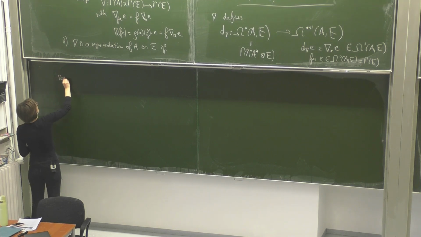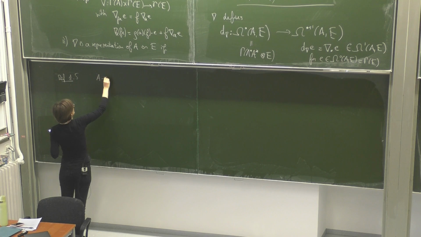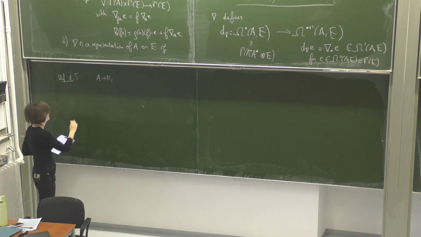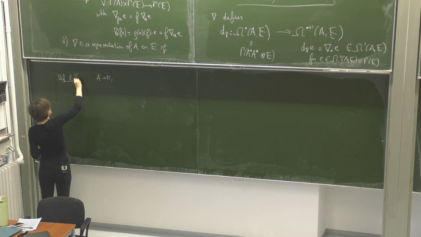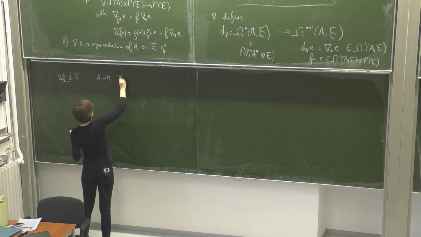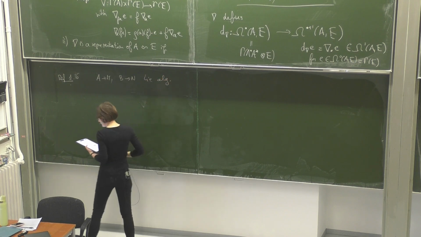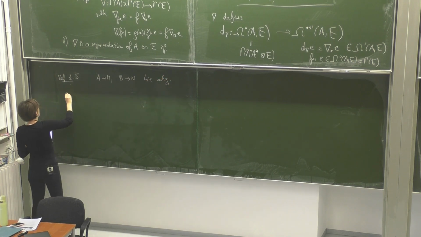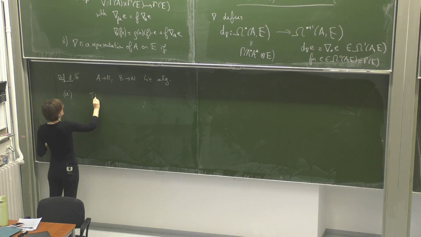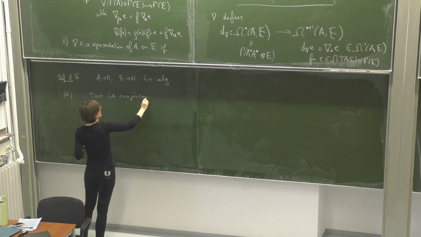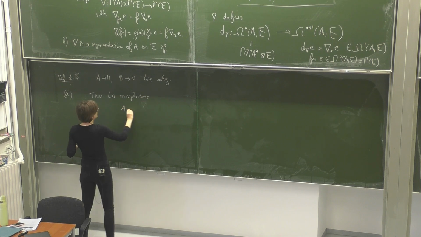So, definition 1.5. So if you have two algebroids, then if you have two morphisms, let's write them like this.